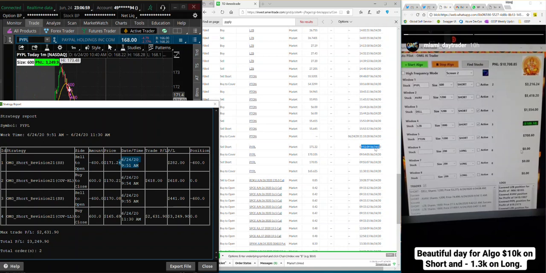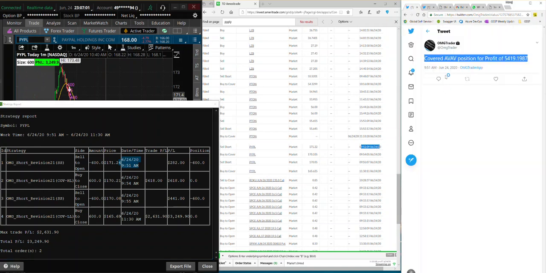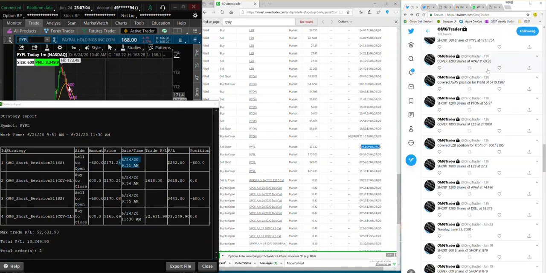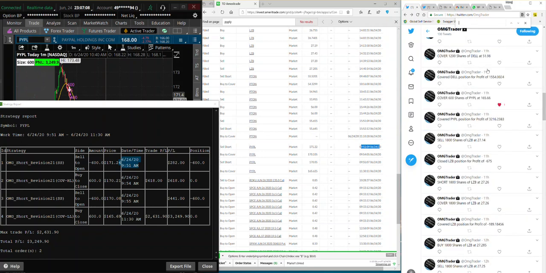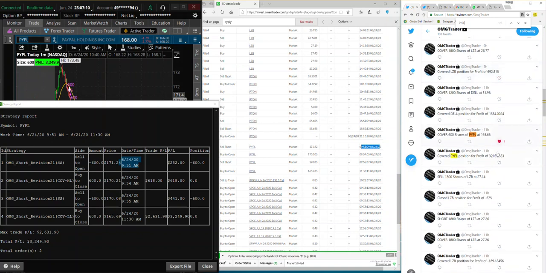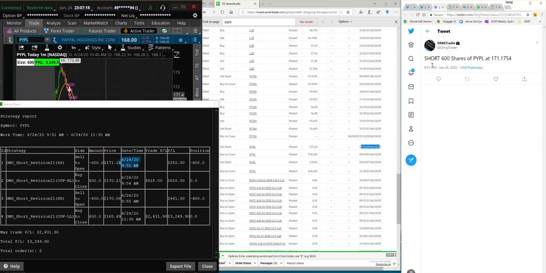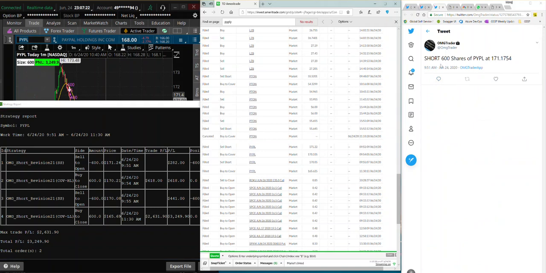It made a short at 9:51, and it also posted the same trade on Twitter at the same time. Let's scroll down and see the first trade. The first short trade was posted at 9:51. So all 3 systems are saying short at 9:51.